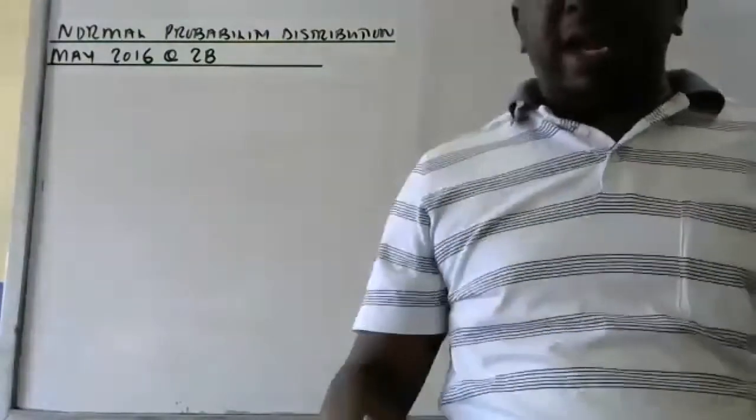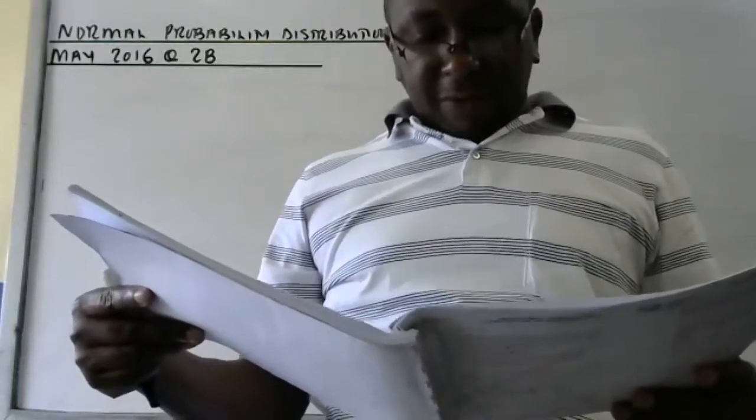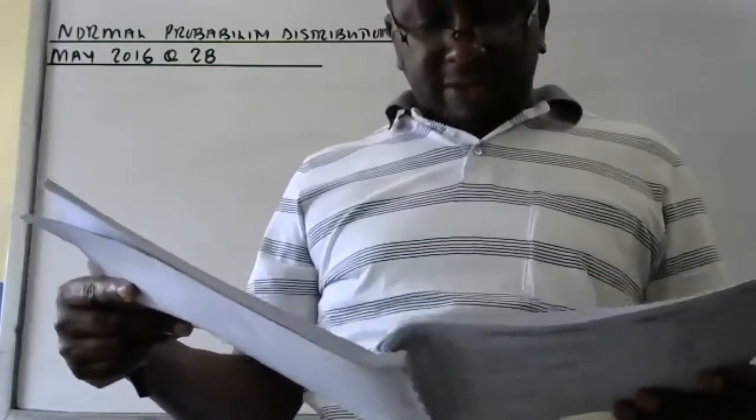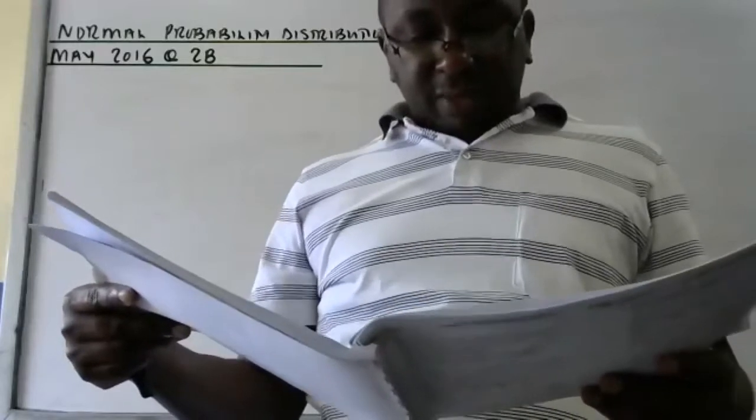Okay, so the question says that the mean weight of 500 packaging tins from a production process are normally distributed with a mean weight of 151 grams and a standard deviation of 15 grams.